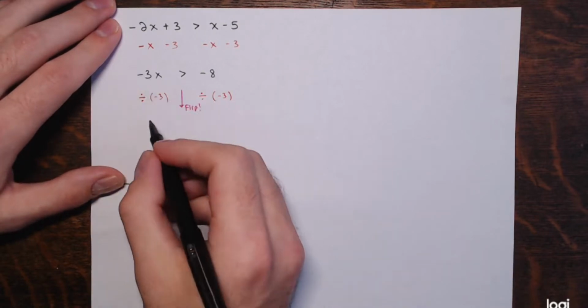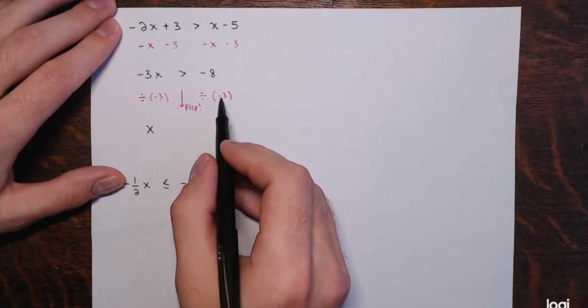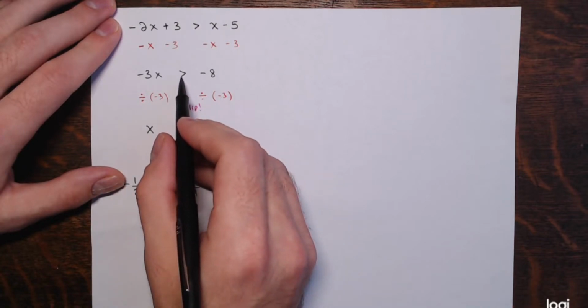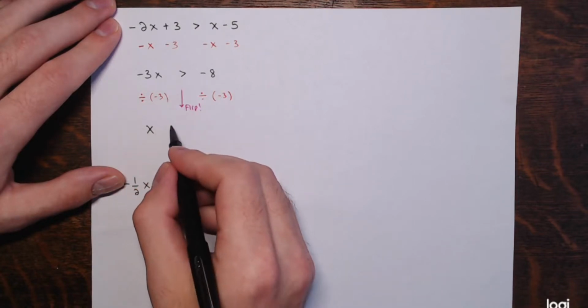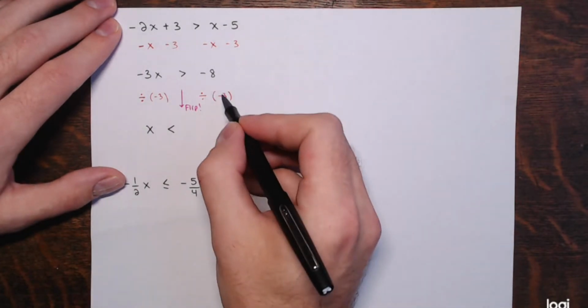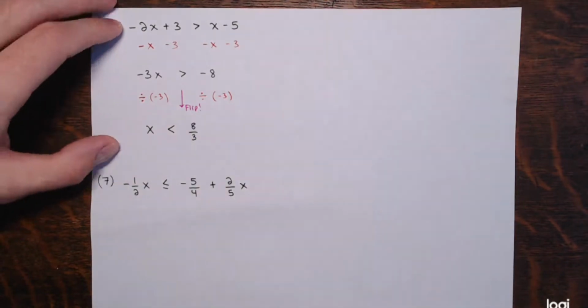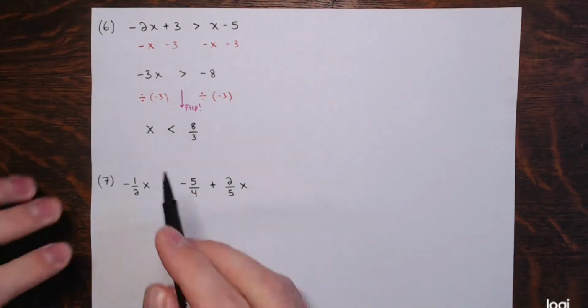Dividing by -3, the left side is x. Again, we divided both sides by a negative number, so the symbol will flip. Instead of is greater than, it'll be is less than. And then -8 divided by -3 would be positive 8/3, or positive 2 2/3. All right, so there you go.